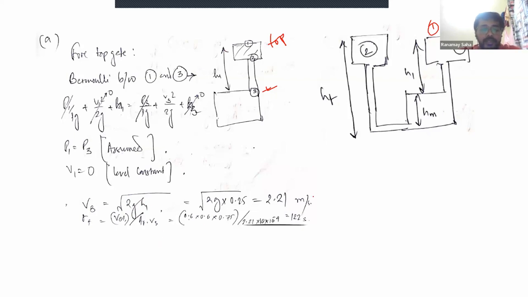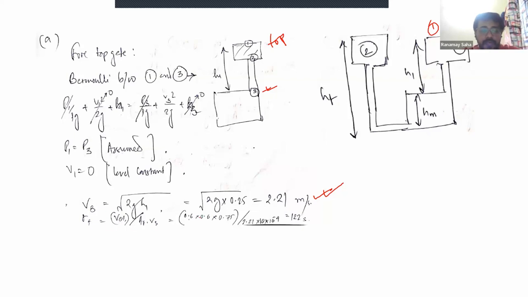You find V3 is 2.21 meters per second. And then you can find the mold filling time TF as volume divided by choke area, which is the same for all the gates, multiplied by the V3 value.